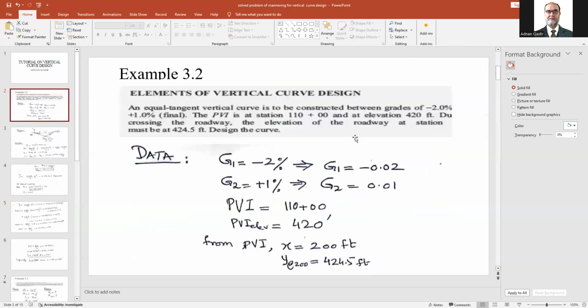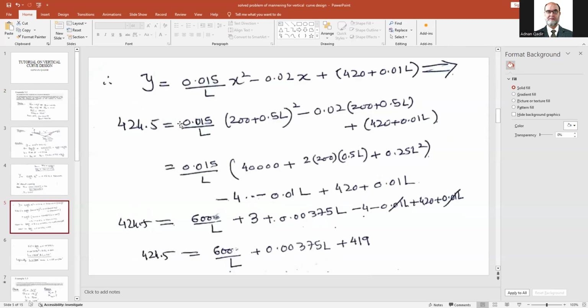That was given, and that is why we have taken y as 424.5. The rest comes from the equation, and by plugging in all these values and solving, we can simplify it.